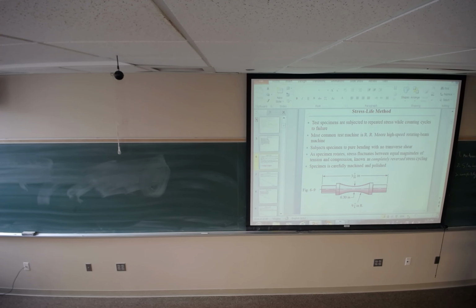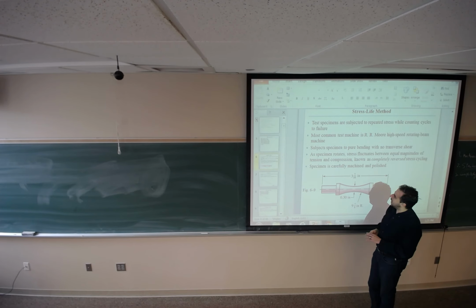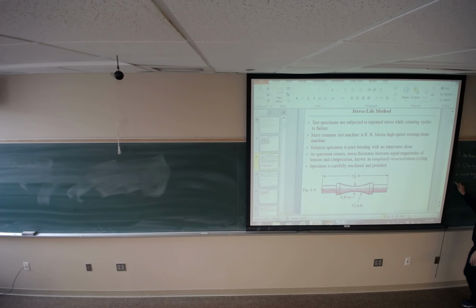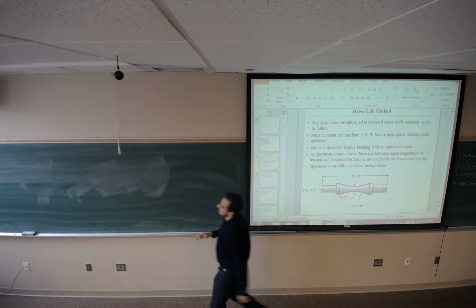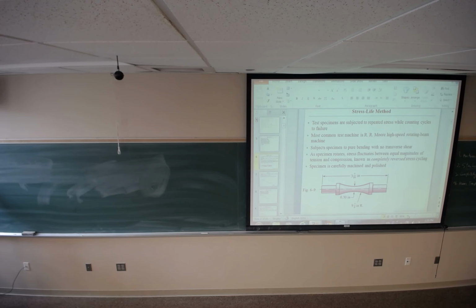So the load that we applied was pure bending, running at room temperature. By having this assumption, we could find the S-N curve, which is going to look something like this for ferrous material. And we define S prime e, which is the endurance limit.